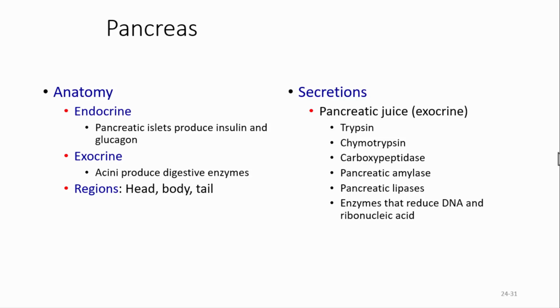And starch, by the way, is a complex carbohydrate, so it has to be broken down into smaller carbohydrates, which again eventually will become individual sugars, glucose basically. And then finally, the enzymes that break down the DNA and the ribonucleic acid, again, are going to break those down into the individual nucleic acids that we can utilize to make our own DNA and RNA.